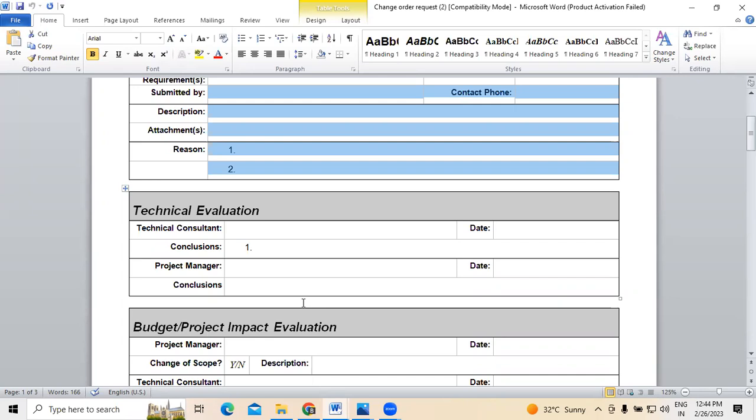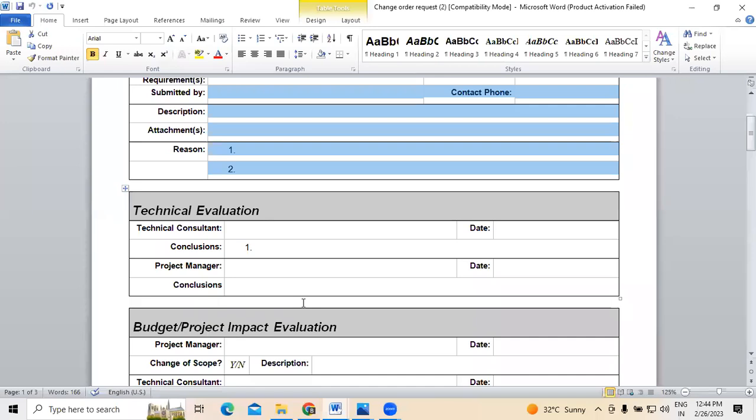Technical evaluation means: is there any additional technology or infrastructure, or a software, that is additionally required for us? Is it possible for us to incorporate it? This is where technical evaluation generally comes into the picture.